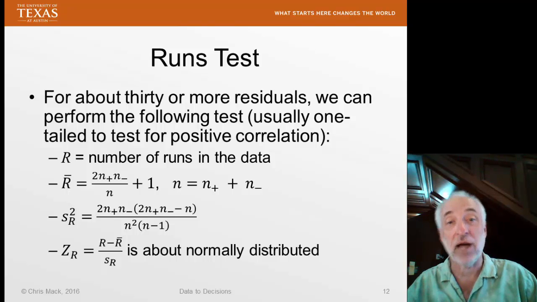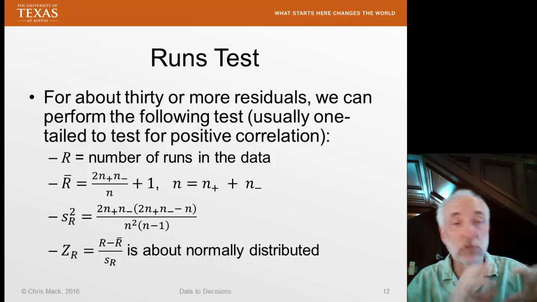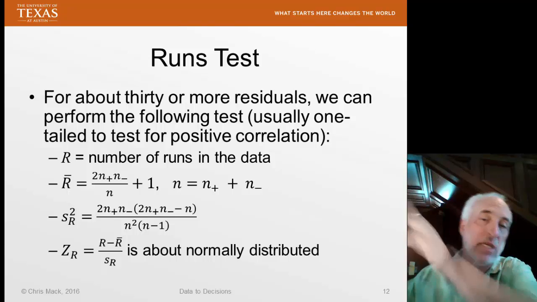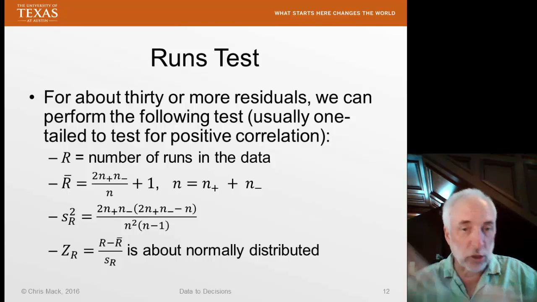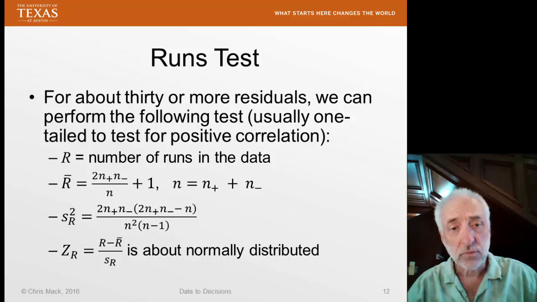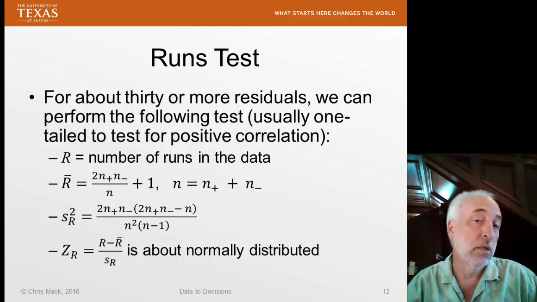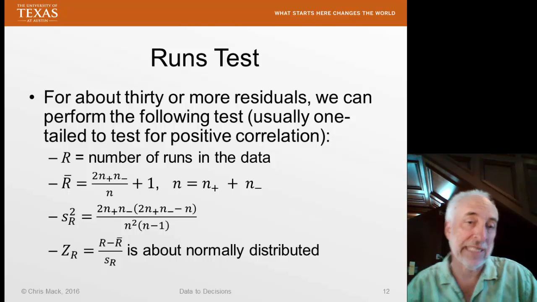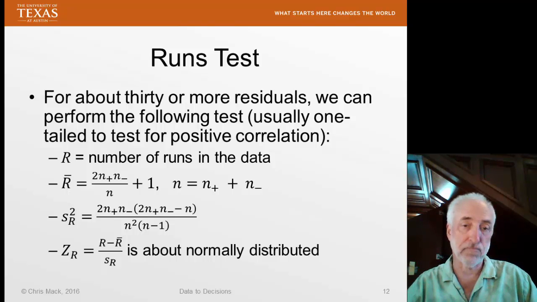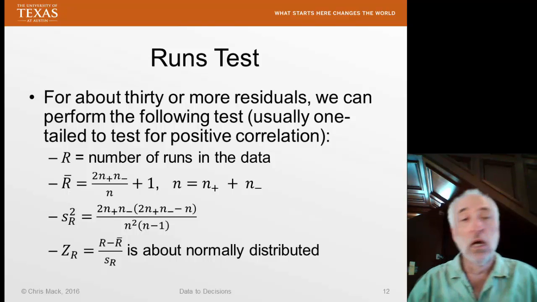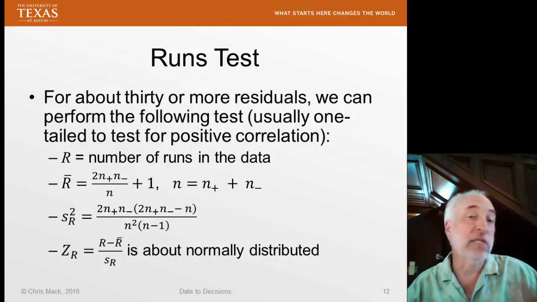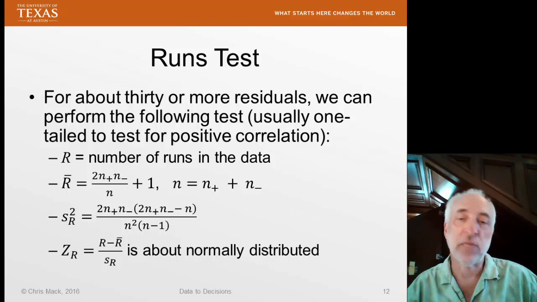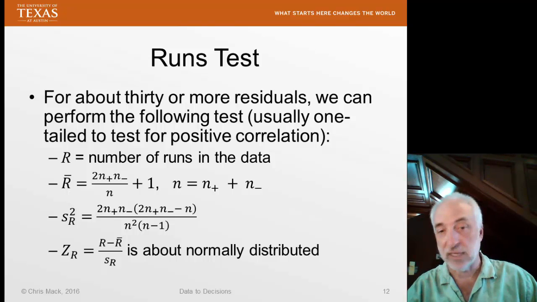Instead, we usually have a positive correlation, where too many are minuses and then they become pluses in a bigger group. So we look for R where we have too few runs in the data, not too many runs in the data. And so we can simply do a test based on a normal distribution, a one-tailed test.